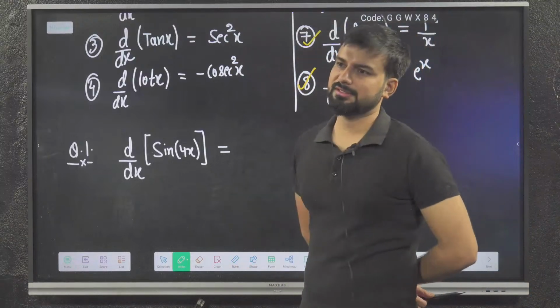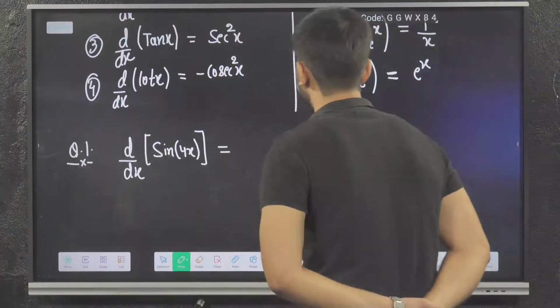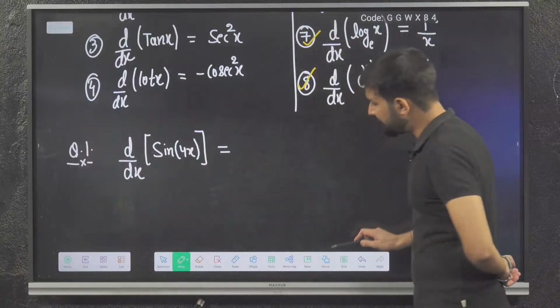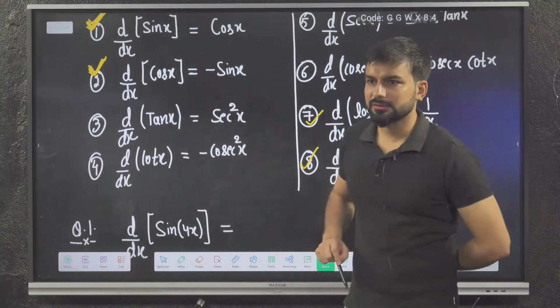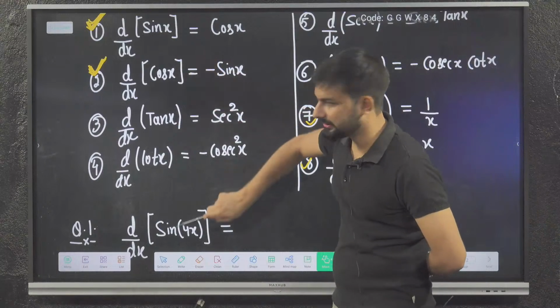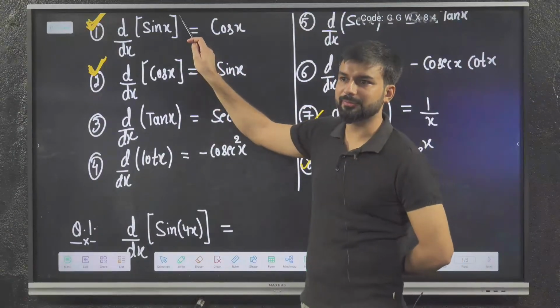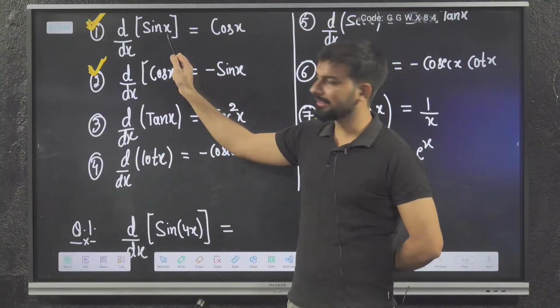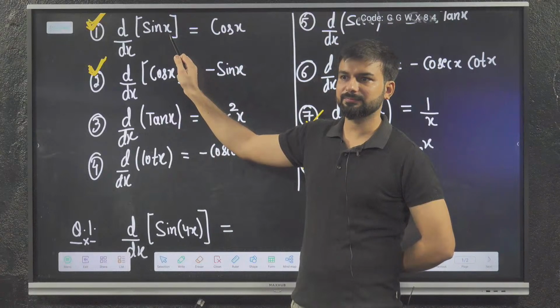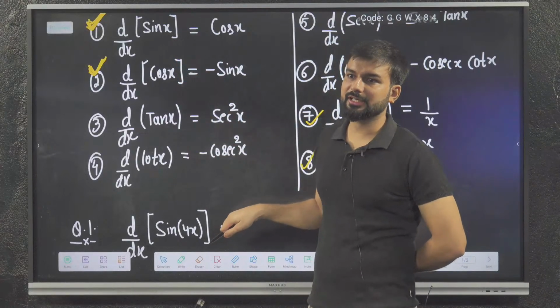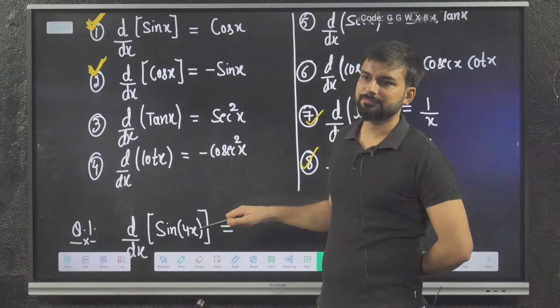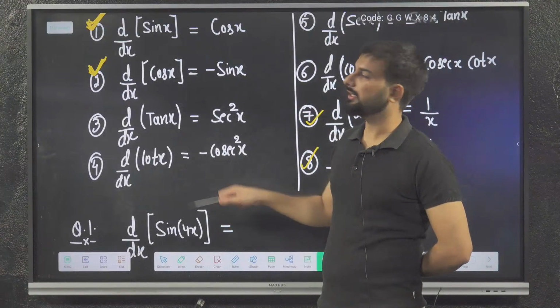Beta, listen, this is totally new for you. Now if you compare the standard formula with this, what is the difference between the two? Here the angle of the sine is x. What is the angle of the sine here? 4x.